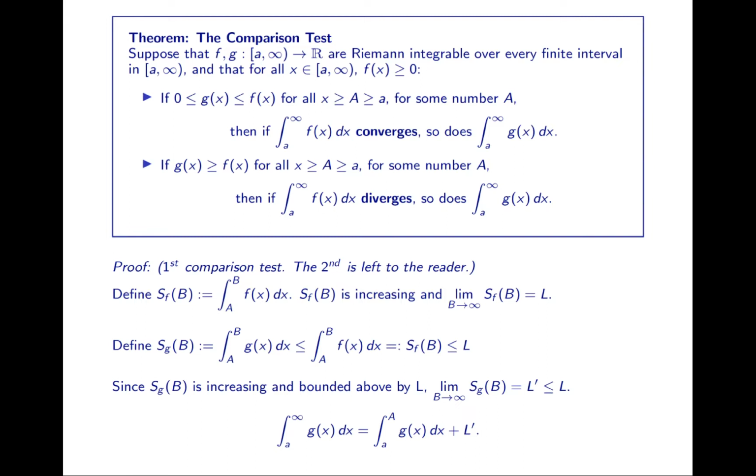Furthermore, it's equal to the integral from a to big A of g of x, which by hypothesis is integrable, plus L prime. In other words, the integral from big A to infinity. And so we've proven the first bullet. And again, the second is similar. And I would encourage the viewer, the reader, the listener, to stop and consider how they might prove that second bullet.